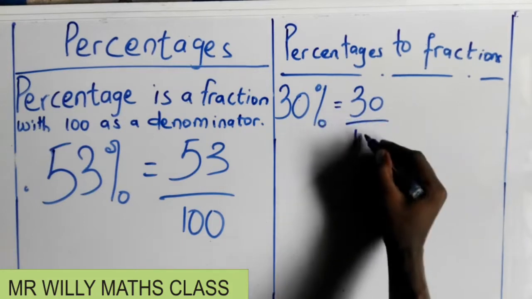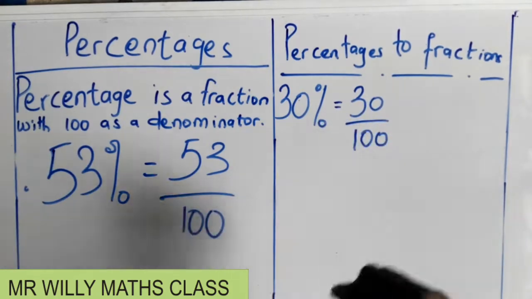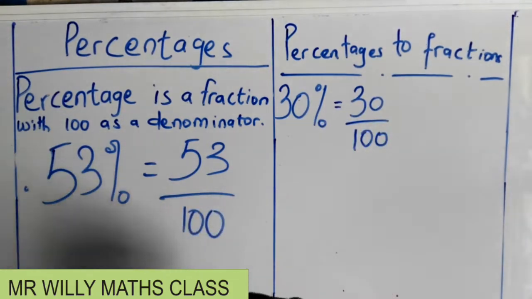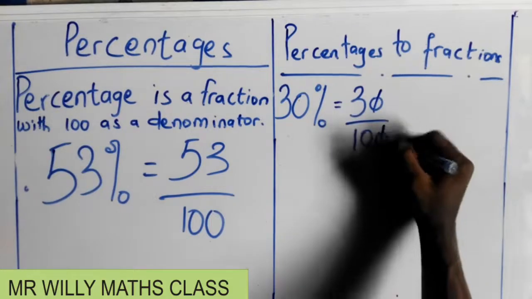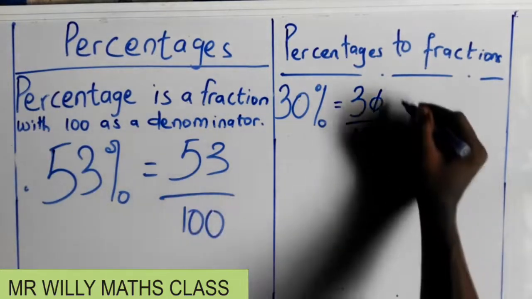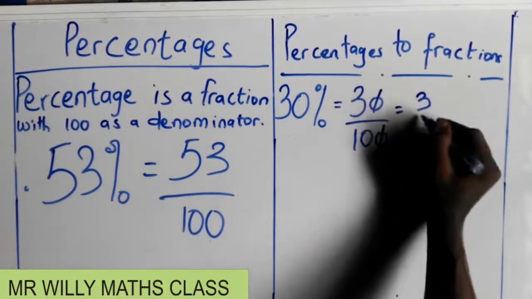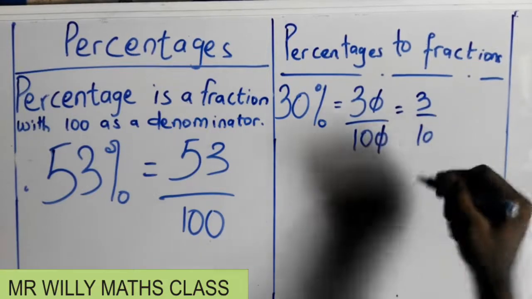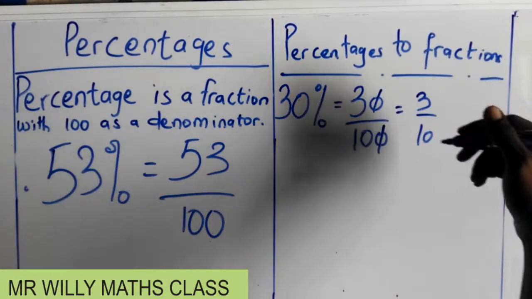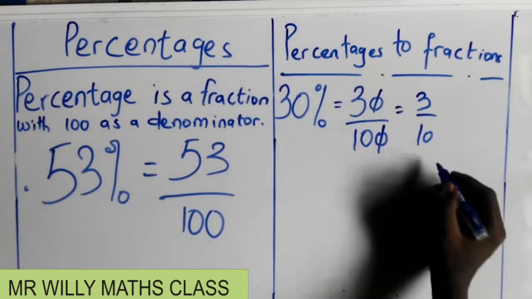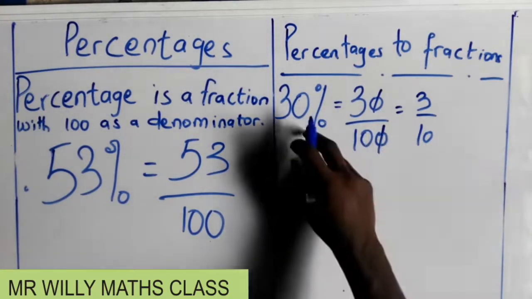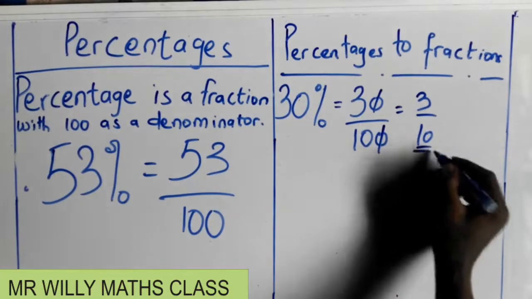Now that you have changed the percentage into fraction, the next step is to divide both the numerator and denominator with a common factor. Now you can see that 0 will cancel 0, we are left with 3 over 10. Now the 3, which is the numerator, does not have a common factor with the denominator. So this is the fraction of 30% in its lowest form.